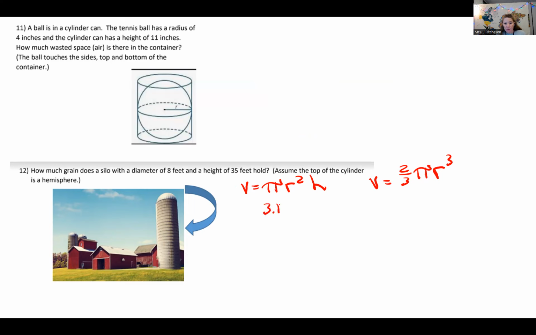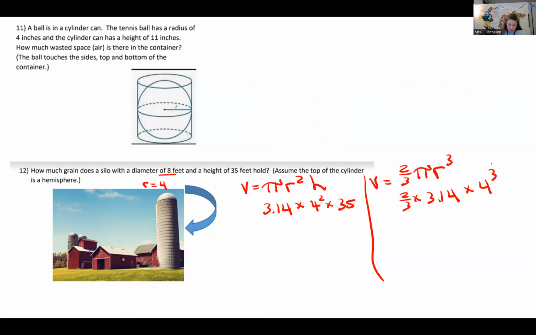So we're gonna do 3.14 times the diameter of 8, so that's a radius of 4 squared, times the height of 35. And then over here, we're going to do 2/3 times 3.14 times 4 cubed.